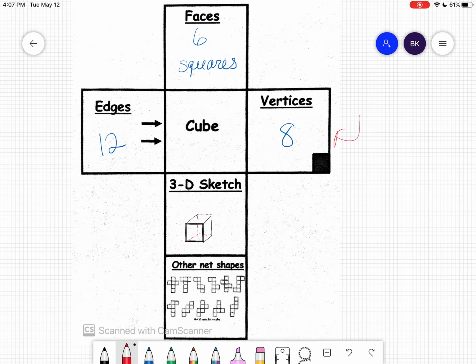So again, think of these two sides folding up. And then this one is also going to fold up. And then this one is going to fold and then fold again. Okay? Now, ladies and gentlemen, in a 3D solid, the side that the shape is sitting on is called a base.